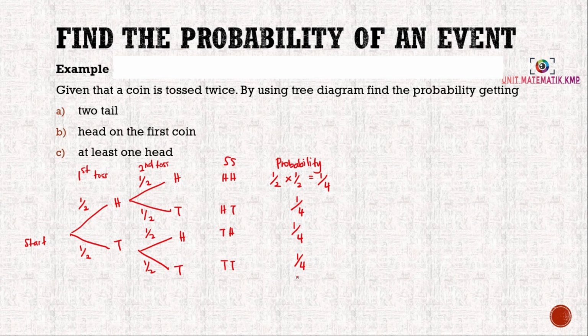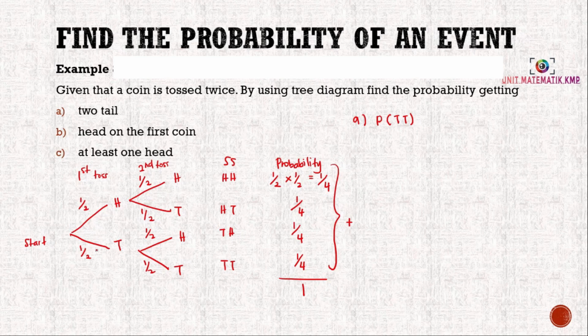So to check whether your probability is right or wrong, if you add up all this probability, okay, you can get 1. Okay, so we know from the previous lecture the total probability is 1. Okay, so now we can answer the question for part A. So the probability of getting 2 tails, so maksudnya probability of getting 2 tails, we can have TT.